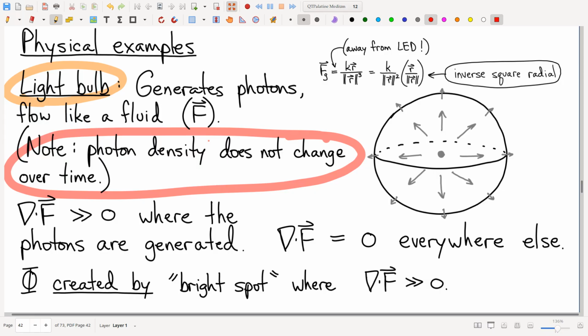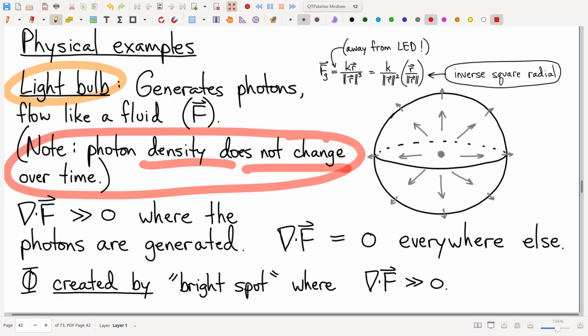We're not collecting photons. Photons just whiz right on through, and then more photons whiz right on through right after them. We're not collecting more and more photons, or depleting space's supply of photons in any given region. So it's a steady state deal, and the density does not change. Does that make sense to everybody?